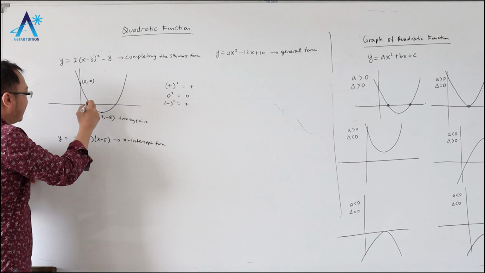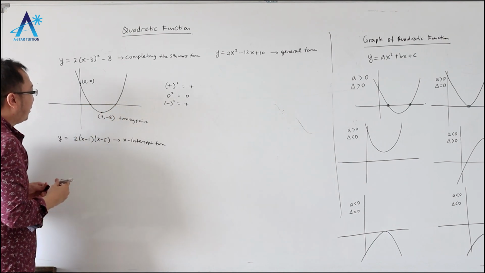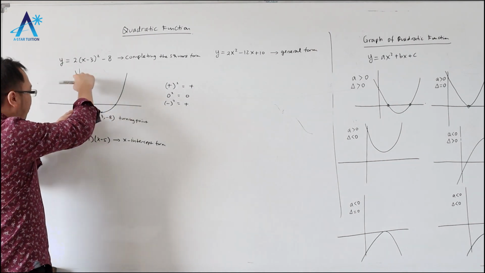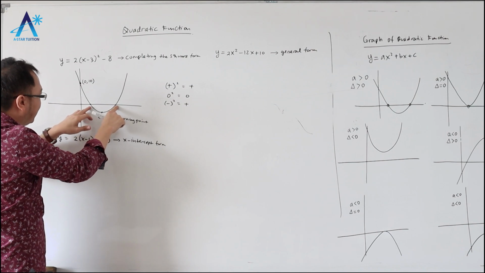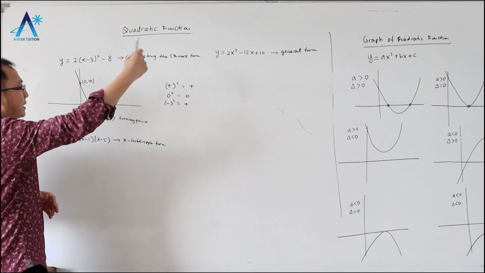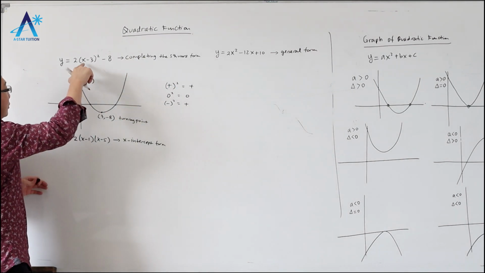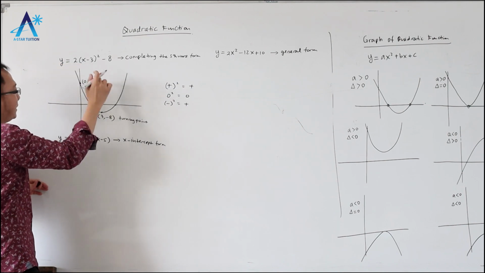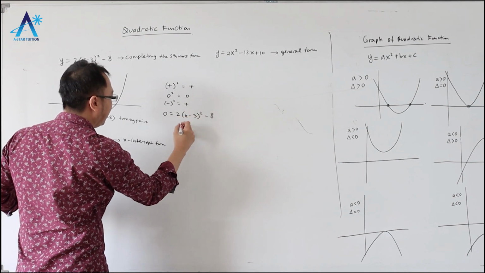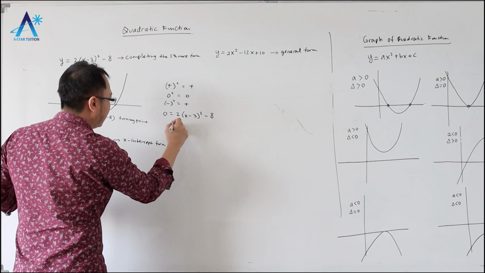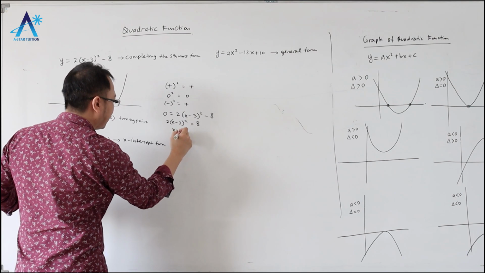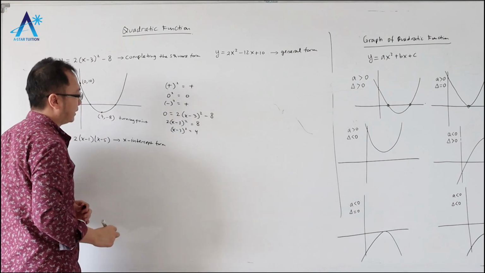Now, these two x-intercepts could be found by setting y to be equal to 0. Again, the function has two distinct real roots only if the discriminant is positive, as was discussed previously. To find the x-intercepts, we set y to be 0. So 0 is equal to 2 times (x minus 3) squared minus 8, making (x minus 3) squared the subject would give us a 4 here.